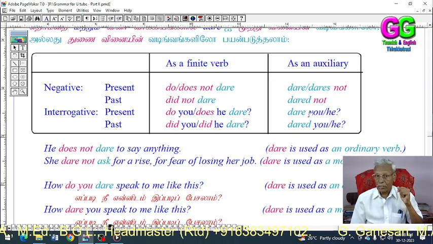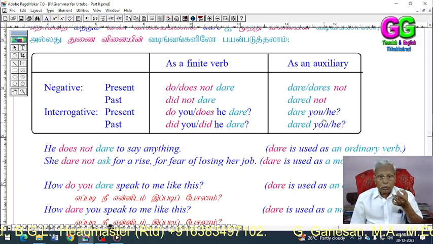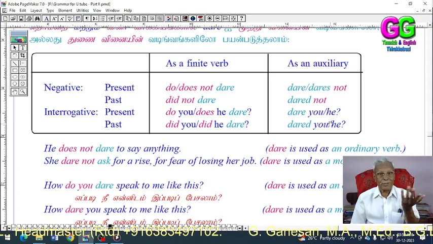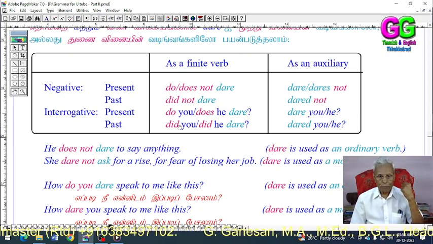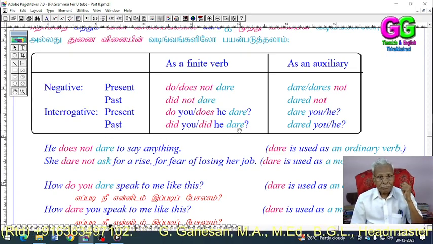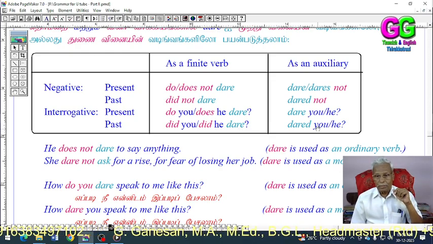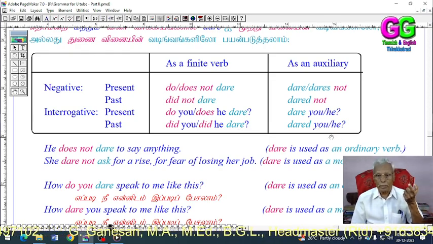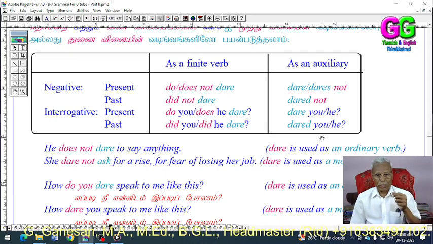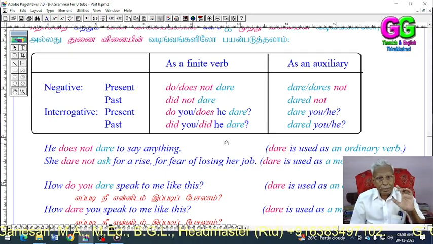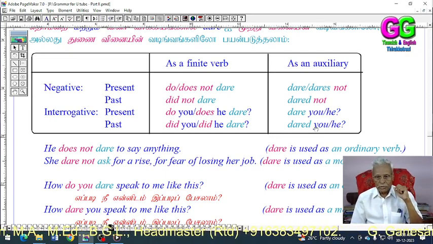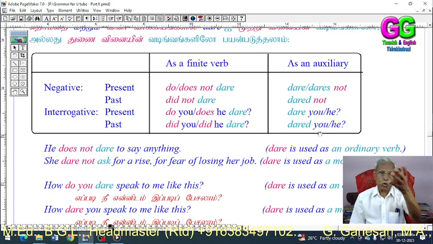As a finite verb. As an auxiliary, dare you say? Dare you say, auxiliary. Did you dare? Finite. Dare you say, auxiliary.